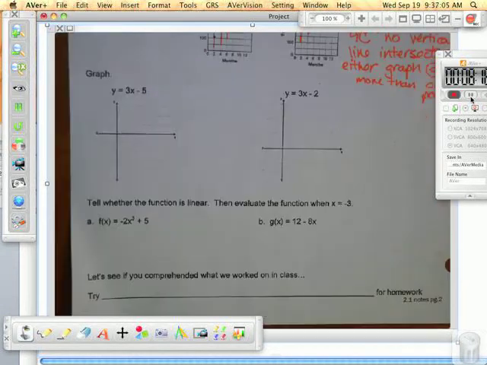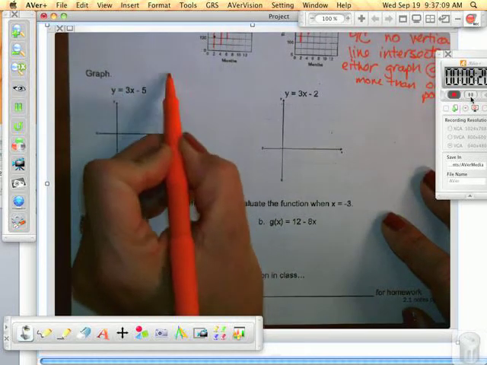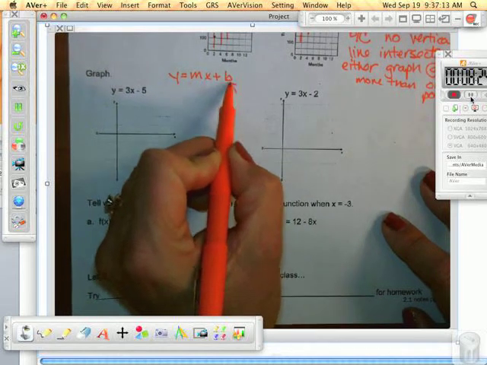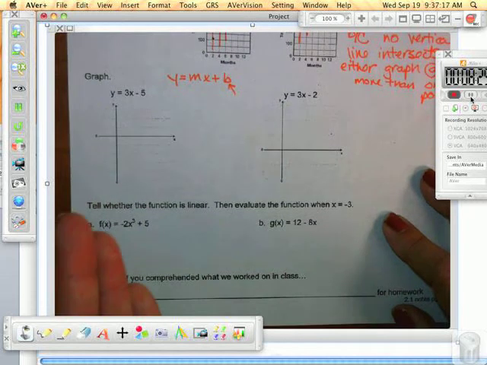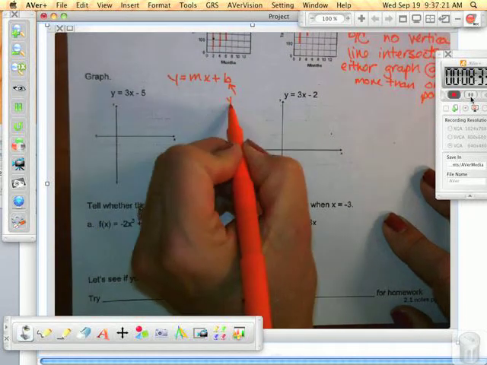What form is this in? And B is the what in the graph? B is the y-intercept.